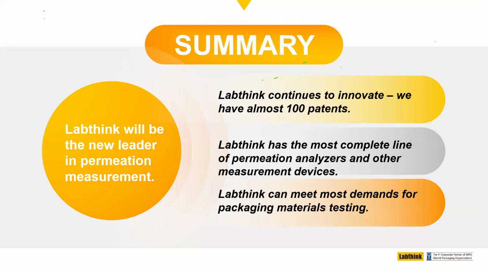The other 50% are related to a wide range of mechanical measurement instruments, of which the C631H is one of them. If we combine those mechanical instruments with the permeation measurements, we have pretty much the most complete line of permeation devices and other measurement devices, so that customers can meet most of their demands by working with one company.